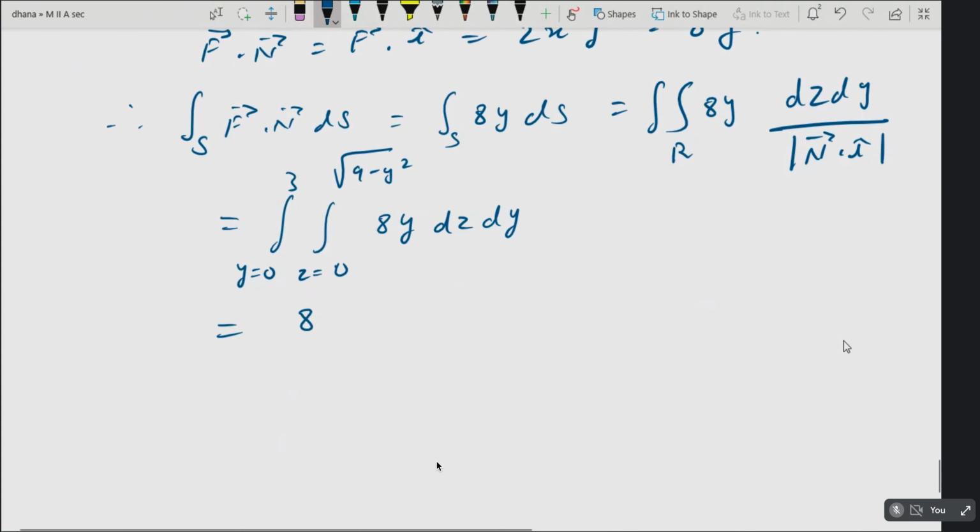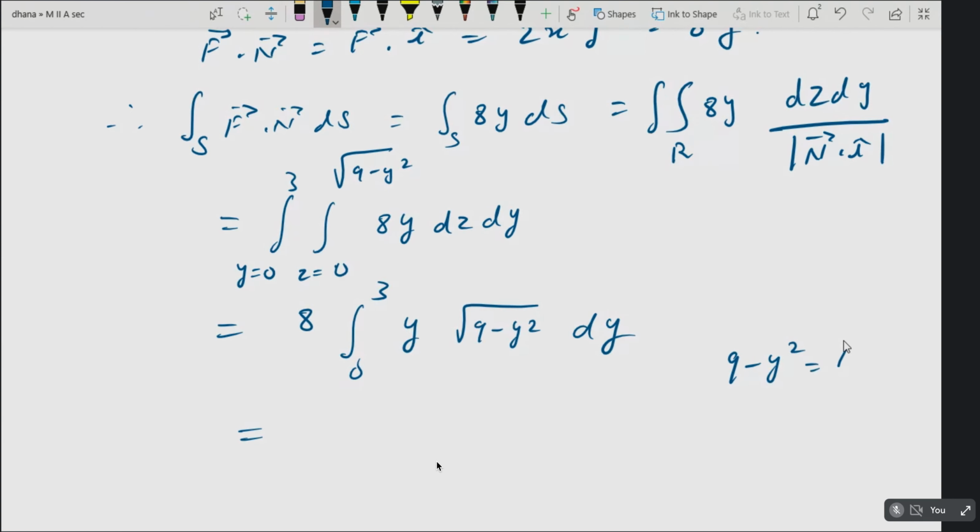So 8 is a constant outside, with limits 0 to 3, and y as it is. When I integrate with respect to z, I will get z, with upper limit root over 9 minus y square and lower limit 0, dy. Now to integrate this, I will substitute 9 minus y square equal to t square.